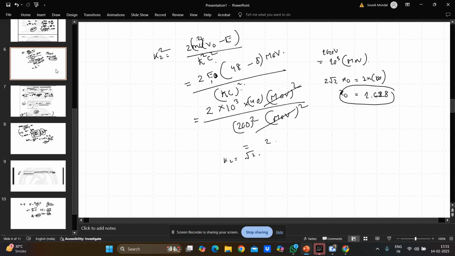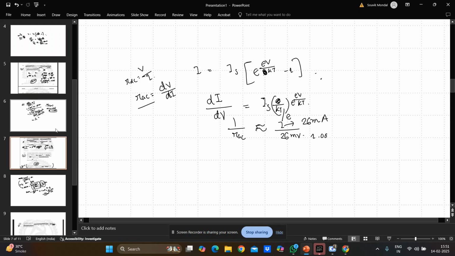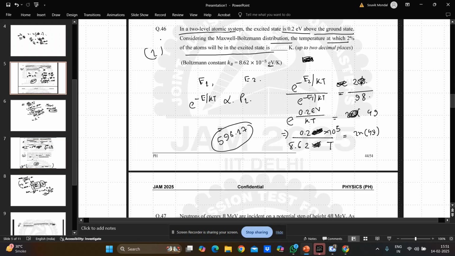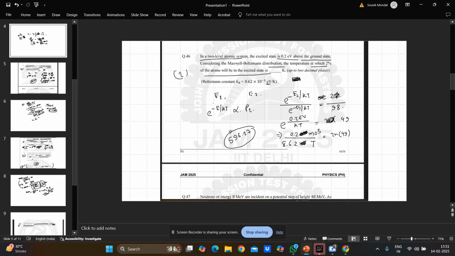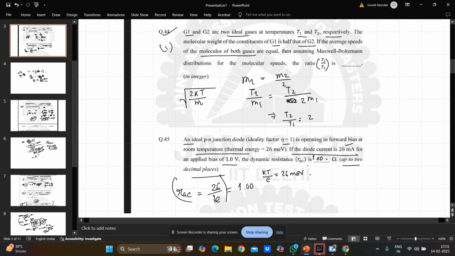And let's move to the next one. 46 is good, not difficult, it's just a simple formula. You should answer it. Then 45, I am crossing it because some of you may know that retarded equation.